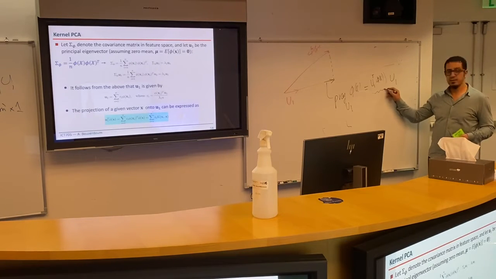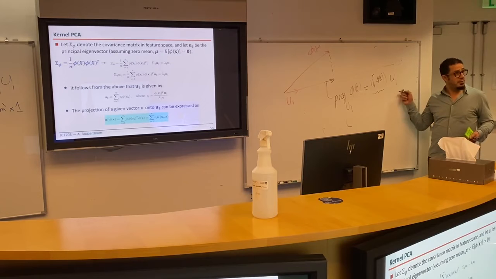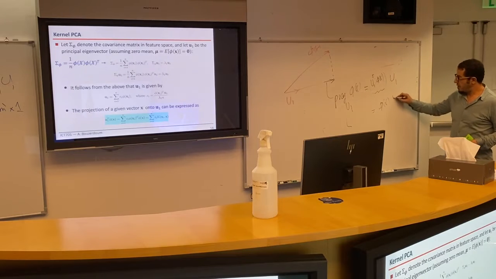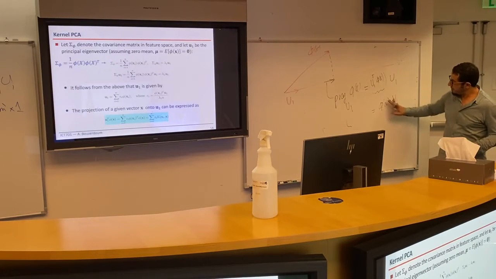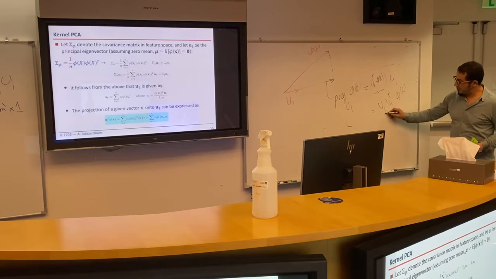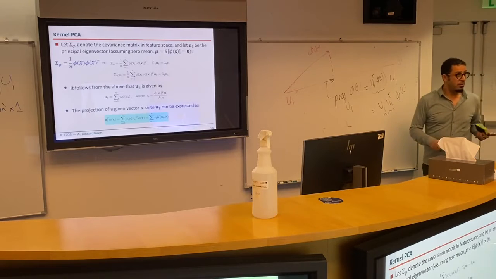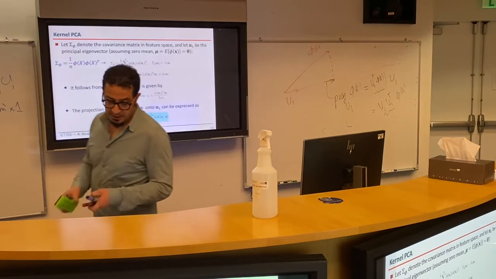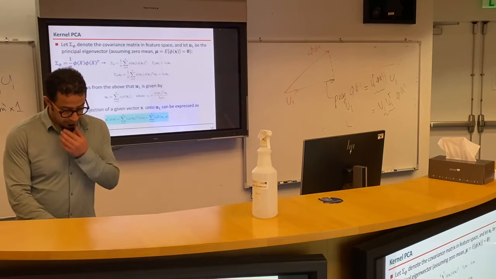This is a value times the unit vector. If you want to write it as a matrix product, what is it, please? Phi of x, u1, I put u1 here, and after here u1 transpose, phi of x. And this is the projection matrix.